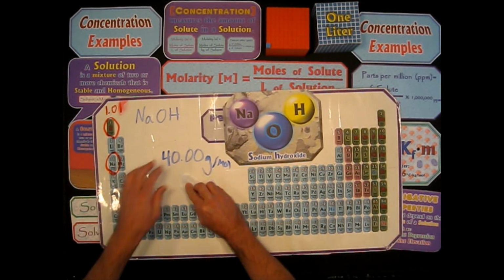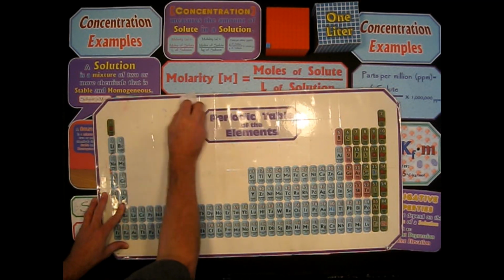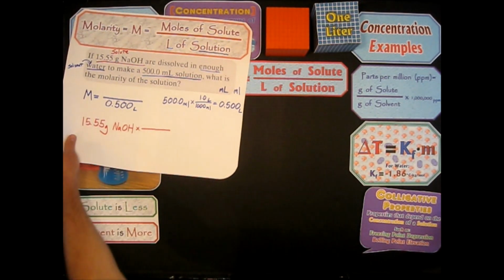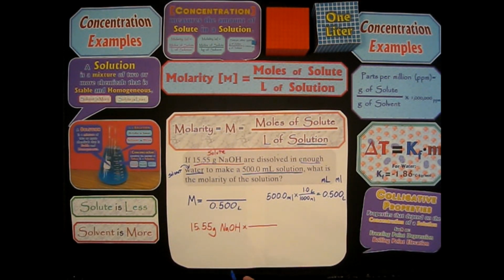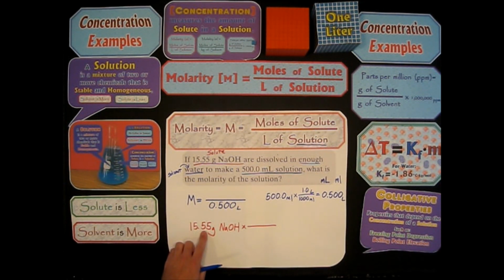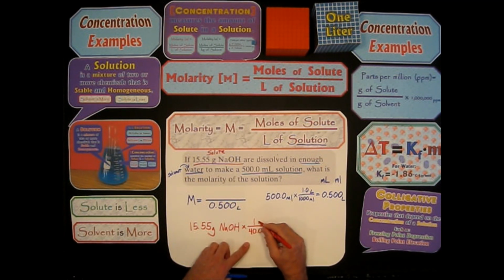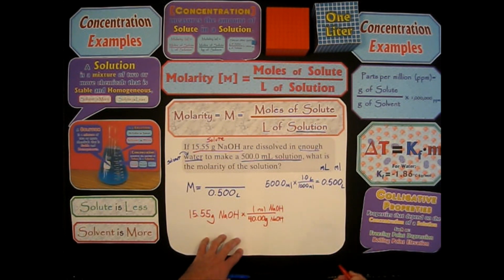So now let me wipe that off. We got that molar mass. Remember the 40. And, okay, and, whoops, and if I write that right here, okay, we've got 15.55 grams, so then the 40.00 grams of NaOH has to go on the bottom, and then 1 mole of NaOH has to go on the top, right?